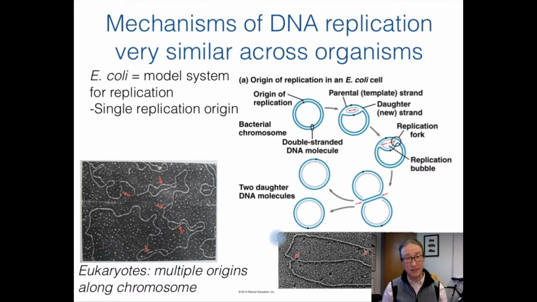So this is a scanning electron microscope image. And you can see a circular strand of DNA, and there's two little red arrows here that are pointing to those replication forks. So in this case, replication is going to continue around and down to replicate that piece of DNA.